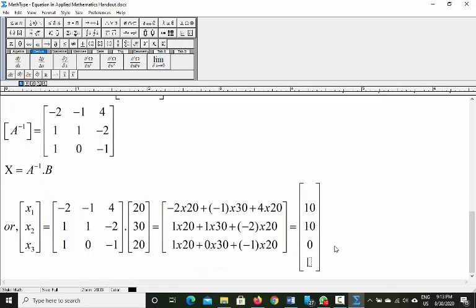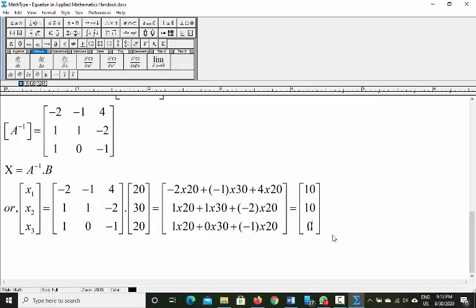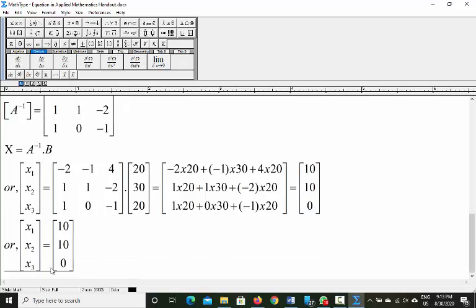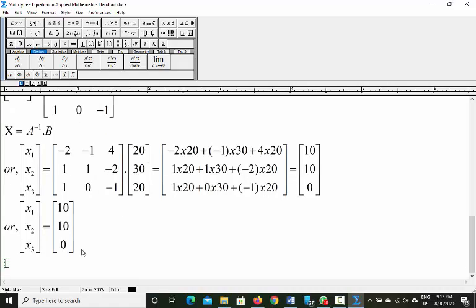So that means the values of this column vector are these ones. So what can we write?